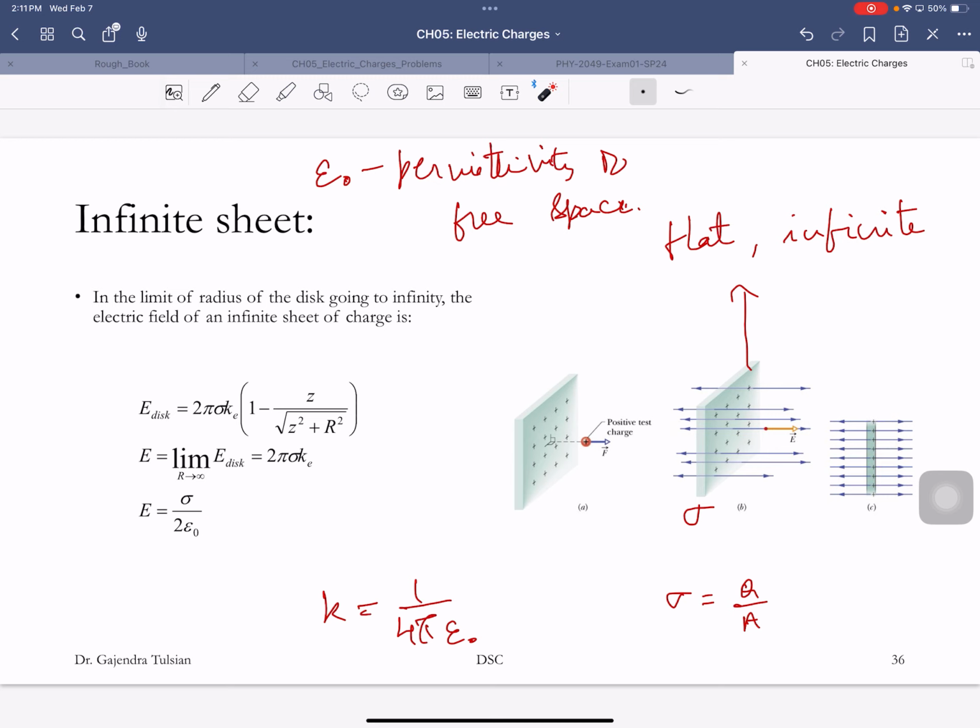The electric field is the same on this half of the universe, and it's the same on this half of the universe. So if you have an infinite sheet, then the electric field is constant on either hand.